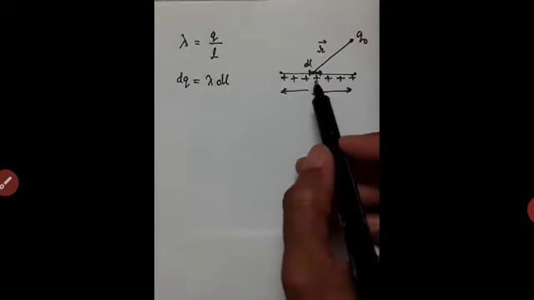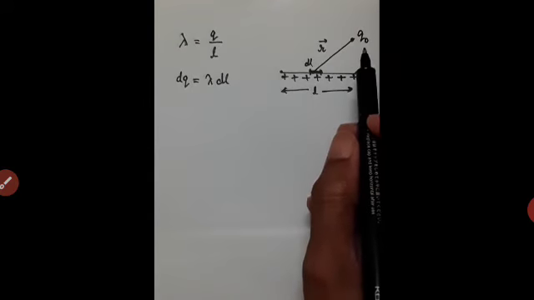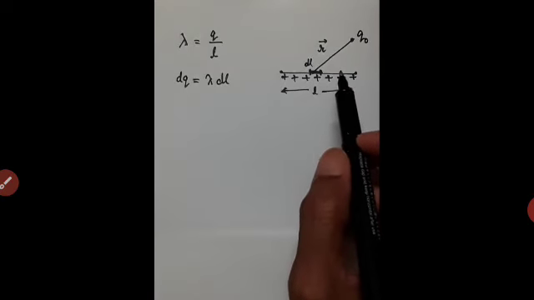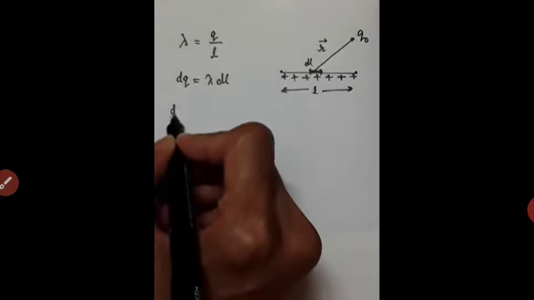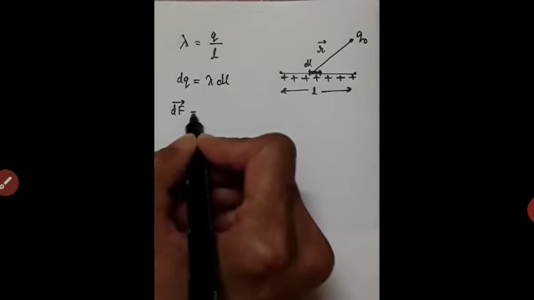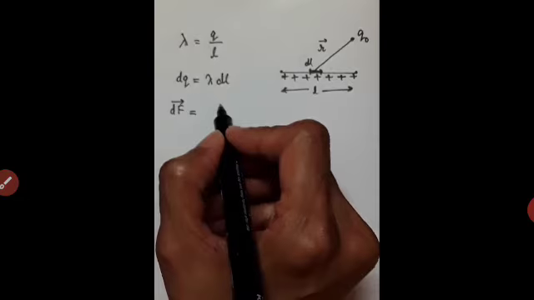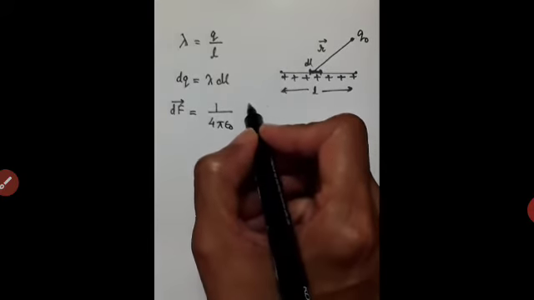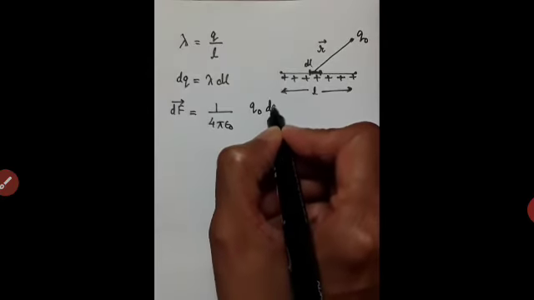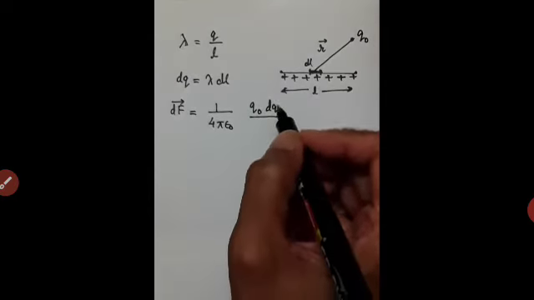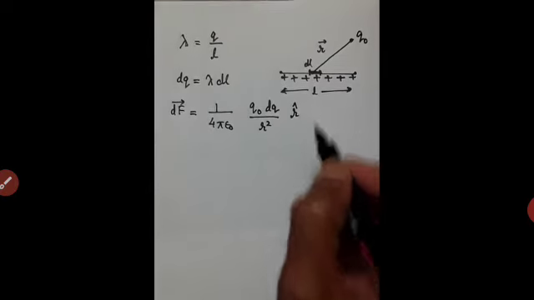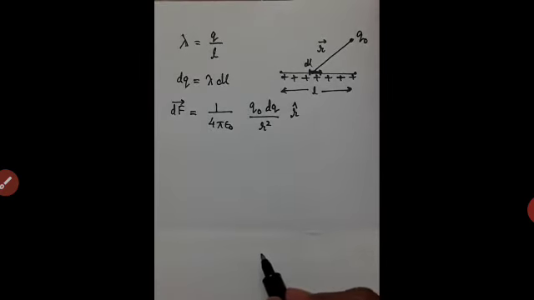Now we have charge dq present here, and Q0 is the charge placed at the point. The force between these two is given by Coulomb's law, that is, vector dF is equal to 1 upon 4 pi epsilon naught, Q0 into dq divided by r square, and to give the direction we write the unit vector r.